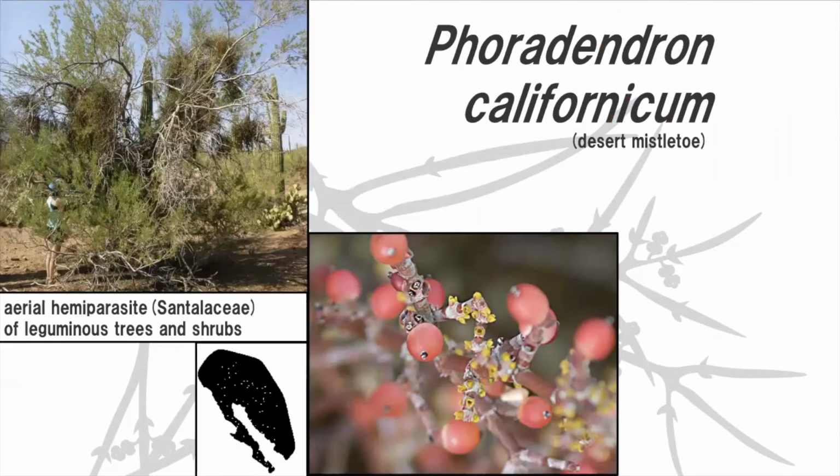So Phoradendron californicum is desert mistletoe. It is an aerial hemiparasite in the Santalaceae of primarily leguminous trees and shrubs in the lowland desert, grassland, and shrubland of basically the entire Sonoran Desert and a portion of the Mojave Desert.